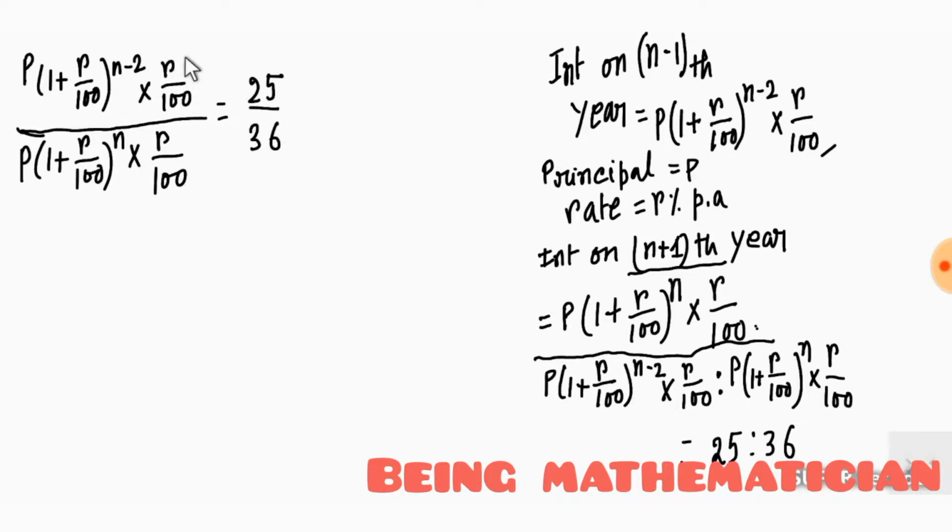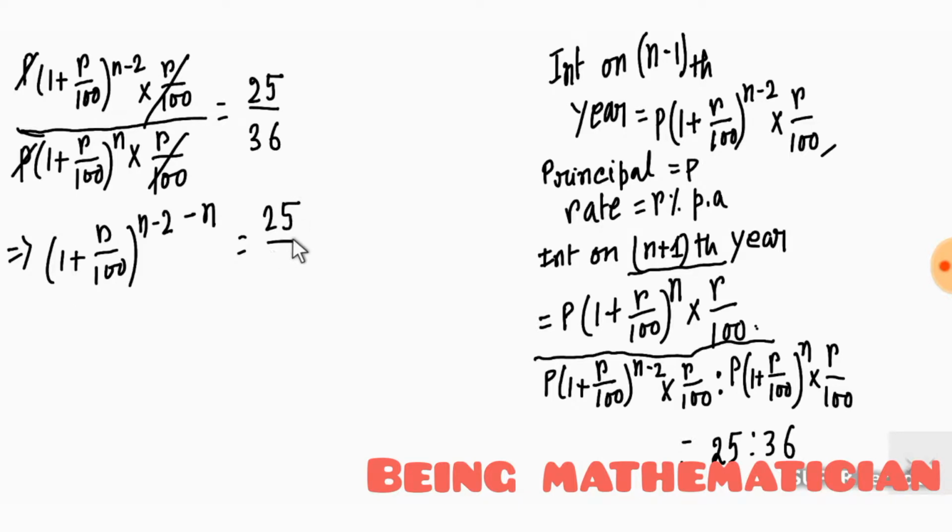Now R by 100 cancel out and P cancel out, and by the rule of exponent, we can write 1 plus r by 100 to the power n minus 2 minus n equal to 25 by 36.